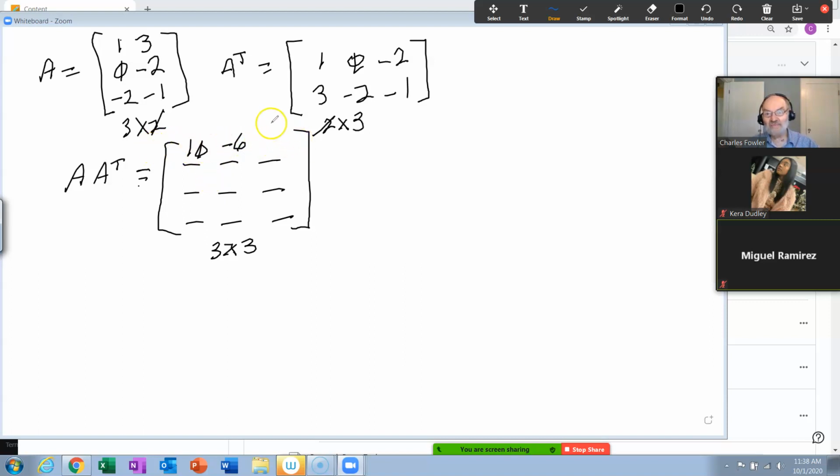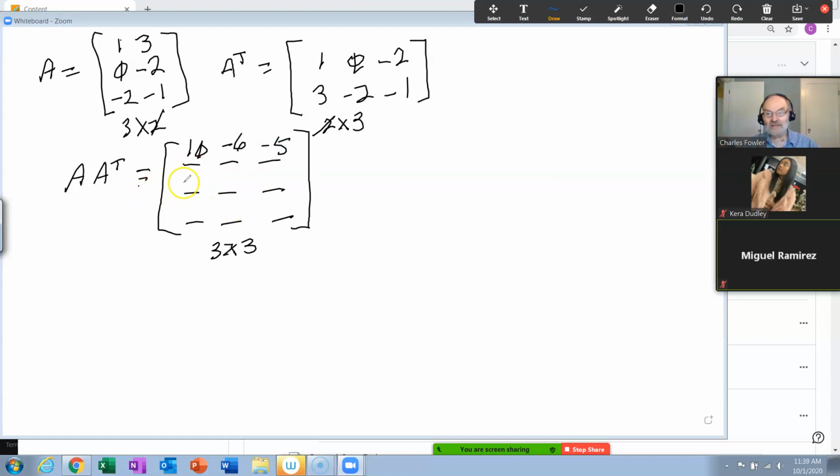The 1, 3 entry here, first row, third column, will be the first row of A, third column of A transpose, and that would be a 1 times a negative 2, plus a 3 times negative 1 is negative 3. That would be a negative 5. Correct?